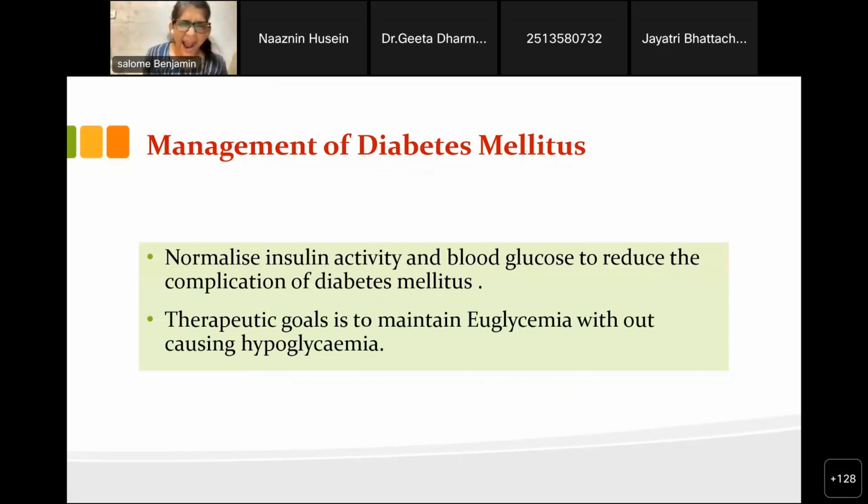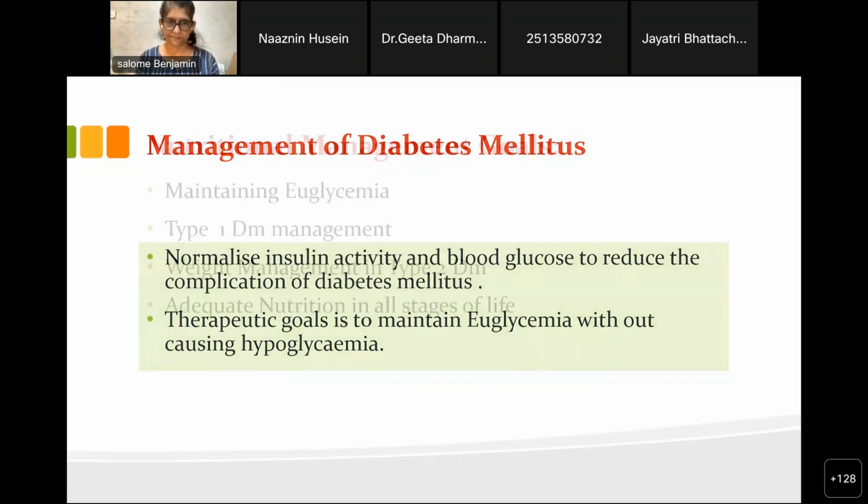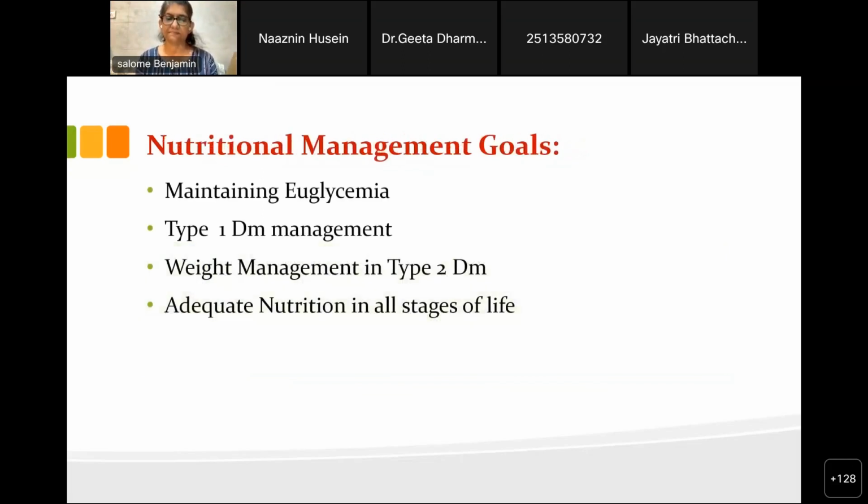So nutritional management goals. Next slide, please. The nutritional management goal says to teach your patient about nutrition and nourishment, educate your patient about smart eating, and look at the root cause of your diabetes. It can be weight, it can be insulin sensitivity, it can be inflammation. Post-COVID, if a patient comes to you with diabetes, always say hyperglycemia.